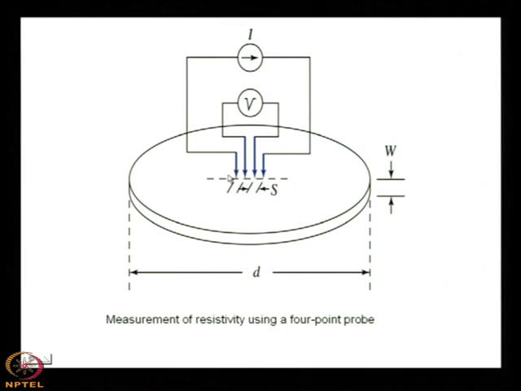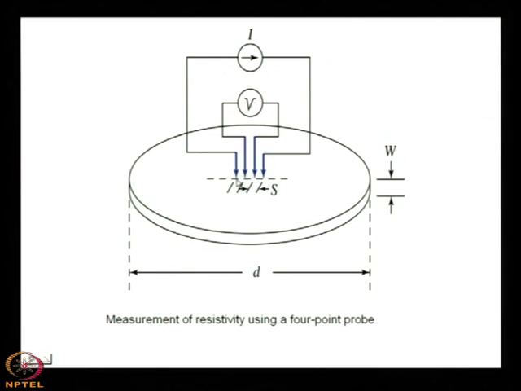You see that between the two outermost probes, this is one outermost probe and this is another outermost probe, a current is applied from the constant current source, and the corresponding voltage is measured between the two inner probes. The potential difference between the two inner probes is measured using a voltmeter, and the current is supplied between, say, 1 and 4.